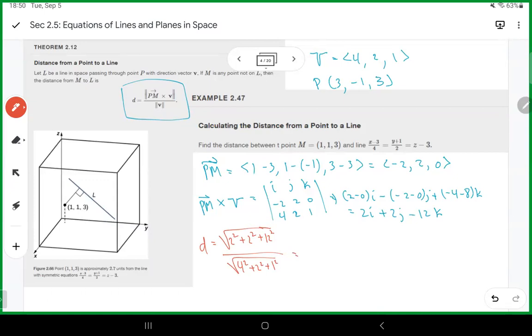And that is going to be 4 plus 4 plus 144, square root of 152, which is going to be 2 square root of 38, over the square root of 21.